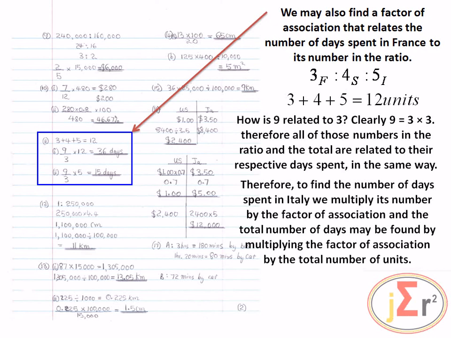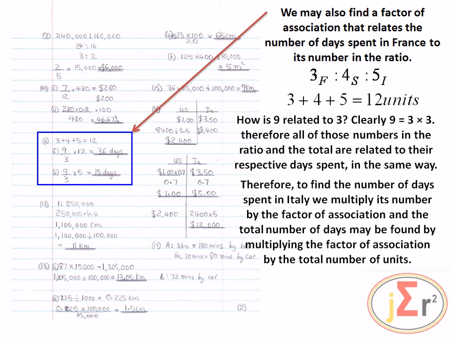So we said before, how do we move from 3 to 9? 9 is equal to 3 times 3. So how do we move from 4 to the number of days? 4 times 3. How do we move from 5 to the number of days? 5 times 3. Now, we do not do any different for the total number of days.